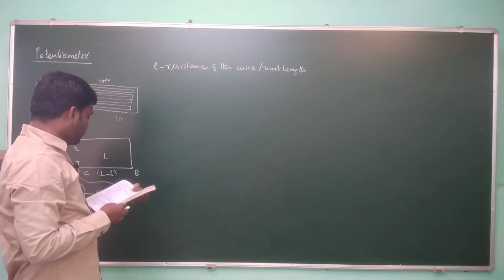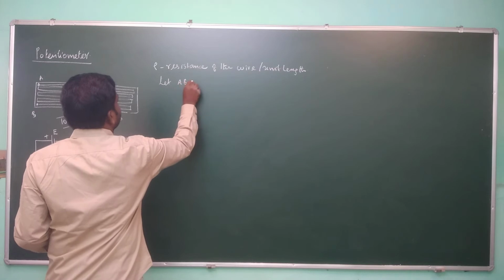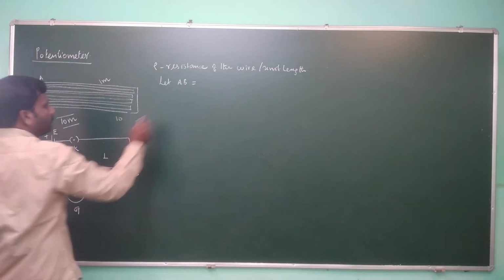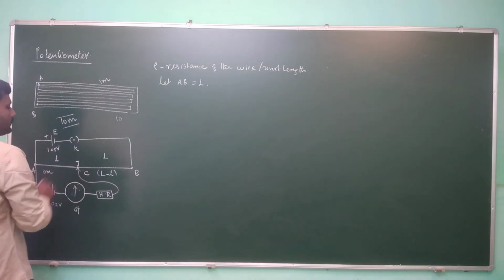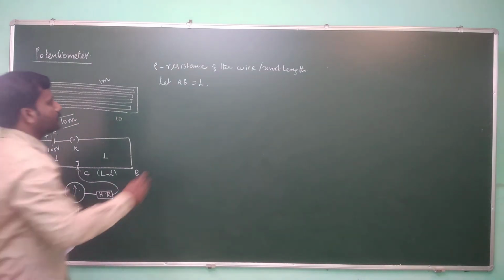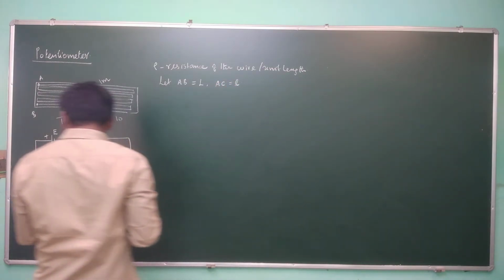Keeping this in mind, let AB, the entire length from this point to this point, be capital L, while the balancing point, that is between A and C, we take as small l, so that AC is equal to small l.